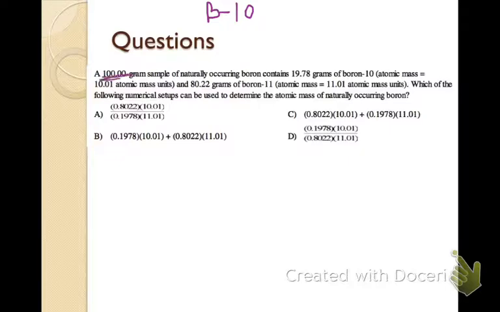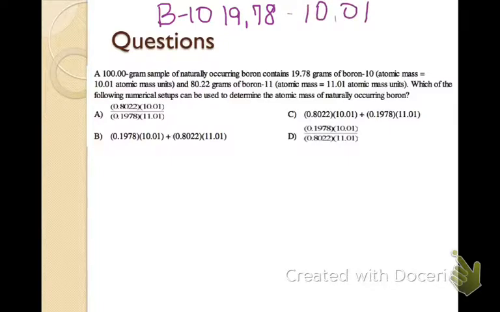So it was a 100-gram sample. Here they didn't use percent, but we can assume it's percent because it's out of 100. So let's see, for boron-10, 19.78 grams has a mass of 10.01 AMU, and boron-11, which is 80.22 grams, has a mass of 11.01.